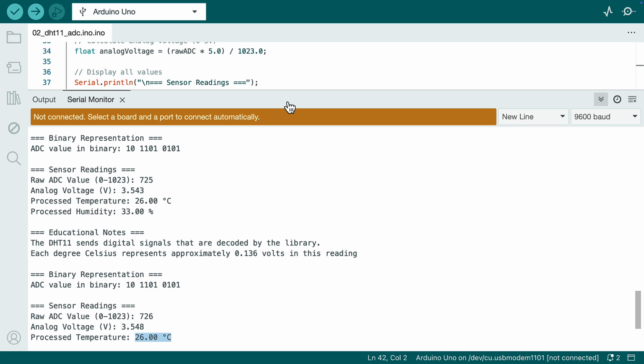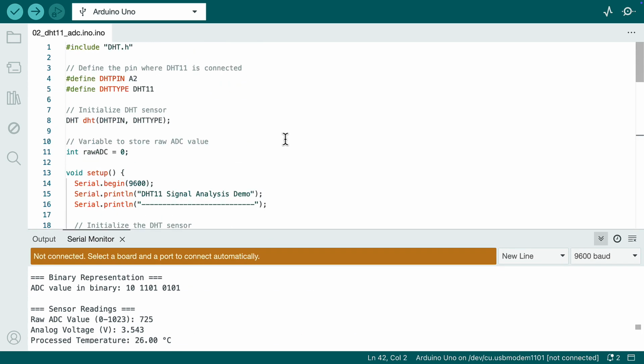Of course, this library, DHT.H, is going to take these digital values and convert them using the physical equations that I introduced in the lecture and probably were not very well understood, in order for it to get you the real and actual temperature value and the humidity value. So there is no magic.